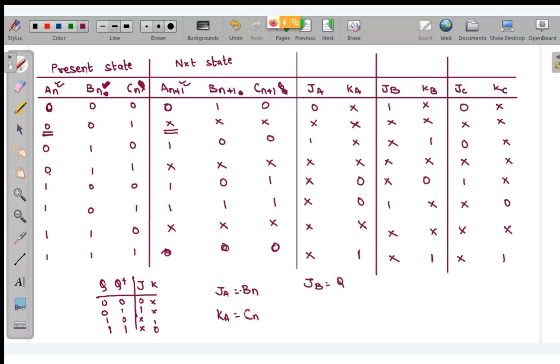JB is QC plus QA complement and KB is 1. Means we have written it in the form of AN, BN.